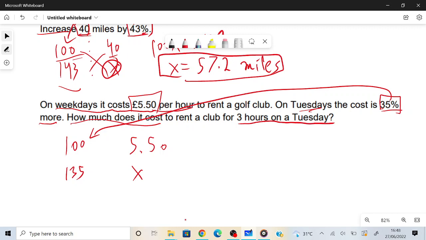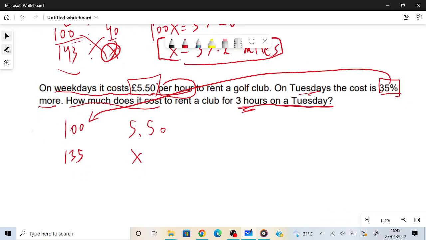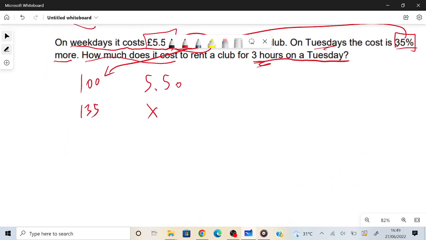Even though it didn't ask us to find the rent for just one hour, it asked for 3 hours on a Tuesday. We can first find it on a Tuesday for 1 hour, because it said per hour over here. So let's do that first, and with that we can go to the next step of the question.